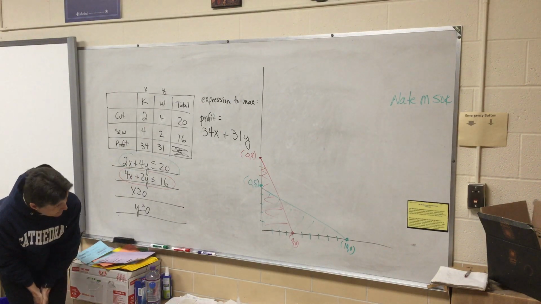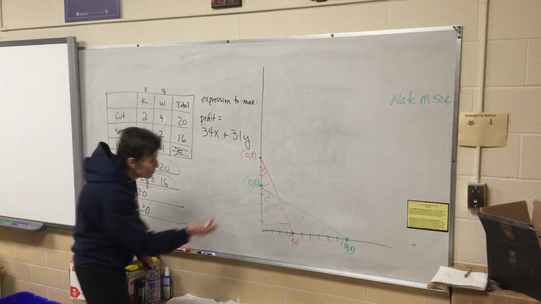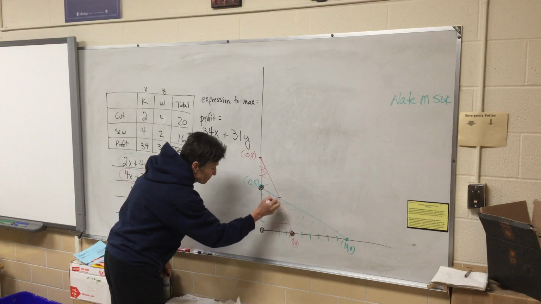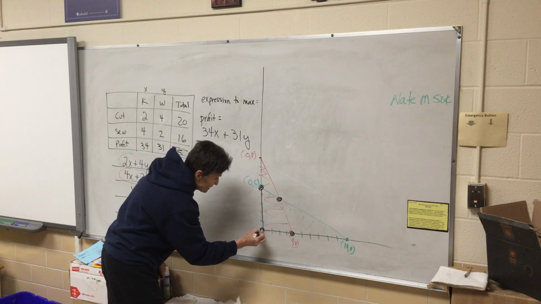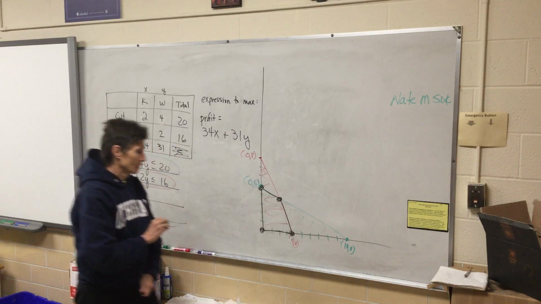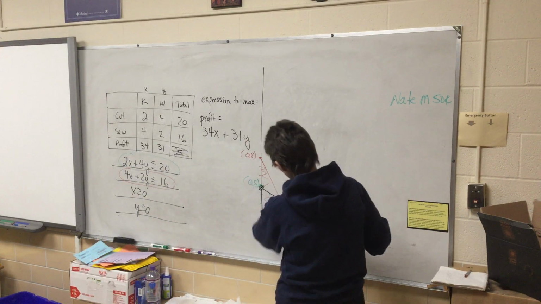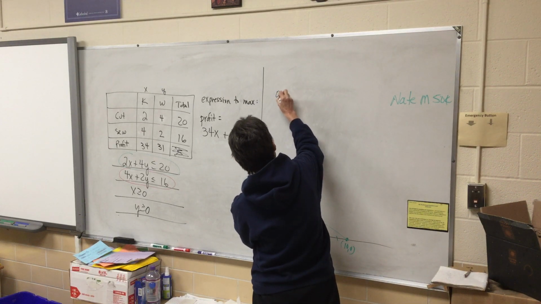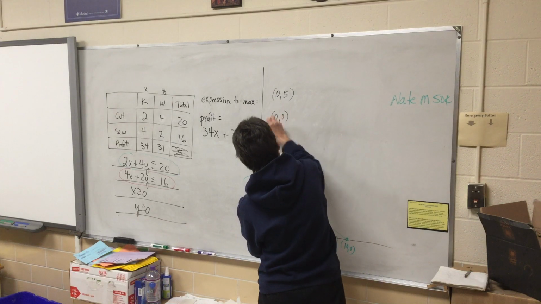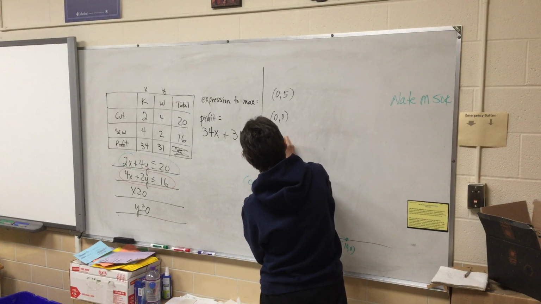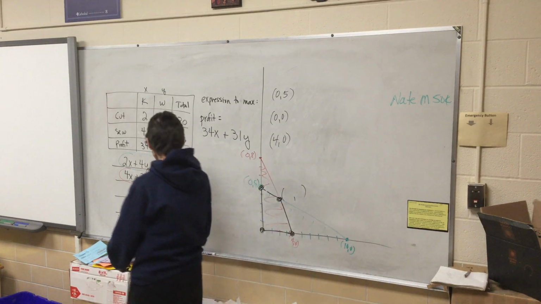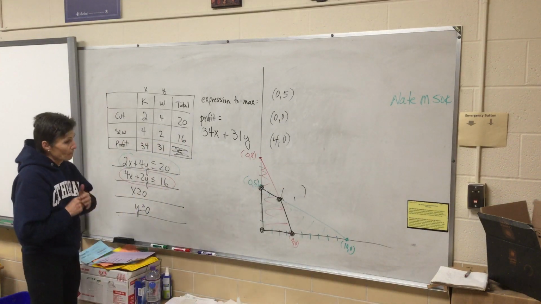At this point, hopefully you see your feasible region. Hopefully you see 4 big black dots. And those dots are at 0, 5, 0, 0, 4, 0, and unknown. Mystery point that we have to find.